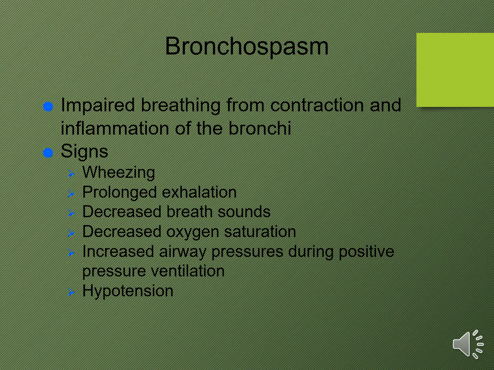So bronchospasm, this is going to be impaired breathing from contraction and inflammation of the bronchi. You can think back to that picture I showed you earlier. Signs of this are going to be wheezing, prolonged exhalation, decreased breath sounds, decreased O2 saturation, increased airway pressures during positive pressure ventilation, and hypotension.